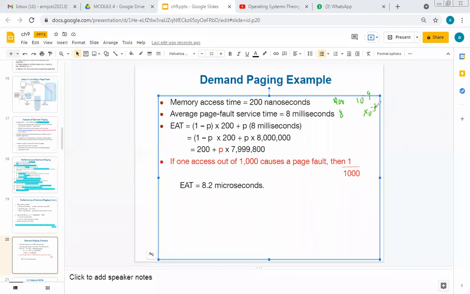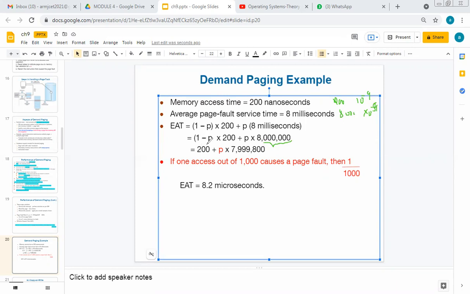If you want to make it minus 9, attach 6 zeros here. These are the 6 zeros we have attached. So both become 10 to the power minus 9. That is nanosecond time.